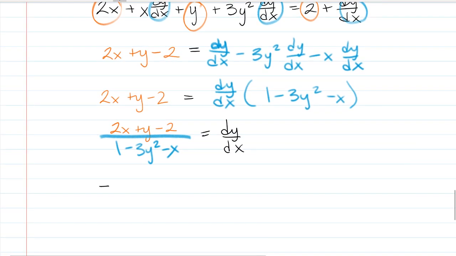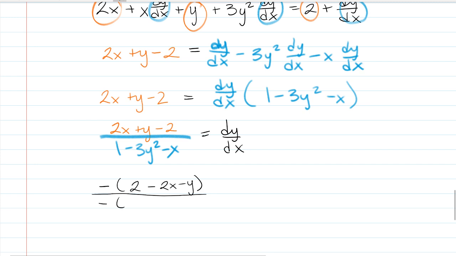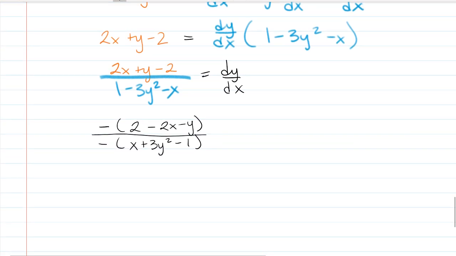So I'm going to factor a negative out of the top, and the denominator starts off with just the x, so I'm going to factor out another negative from the bottom. So I'll have 2 minus 2x minus y and x plus 3y squared minus 1 equals dy dx.